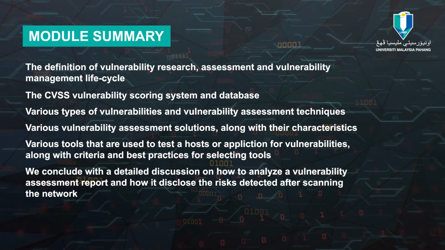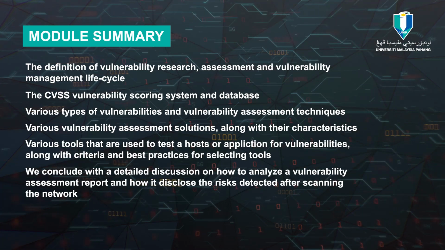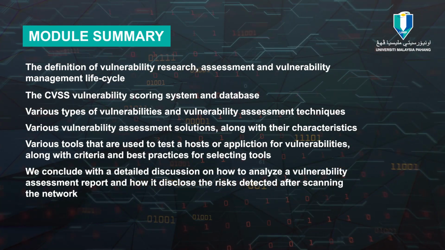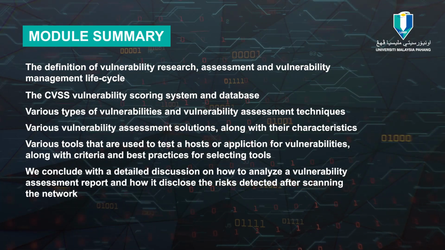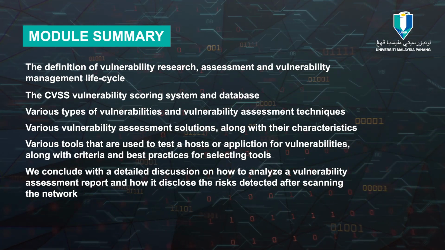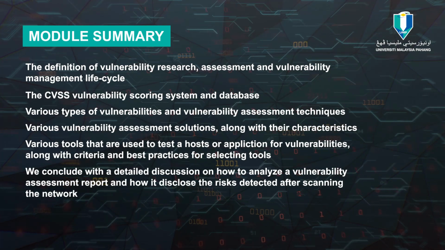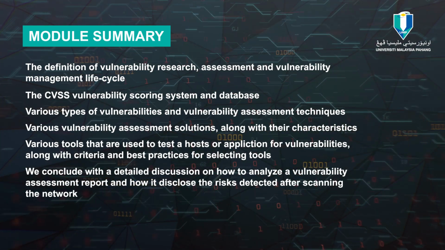We conclude with a detailed discussion on how to analyze a vulnerability assessment report and how to disclose the risks detected after scanning the network. In the next module, we will discuss the methods attackers as well as ethical hackers and pen testers utilize to hack systems based on the information collected about a target of evaluation, for example, the footprinting, scanning, enumeration, and vulnerability analysis phases.